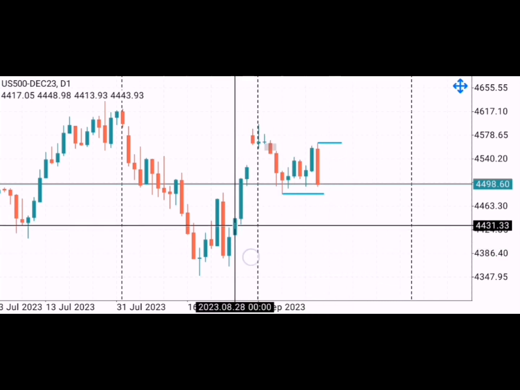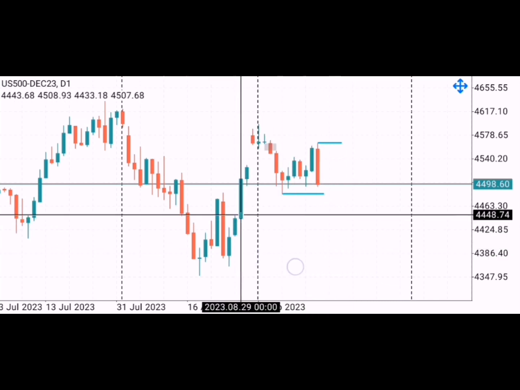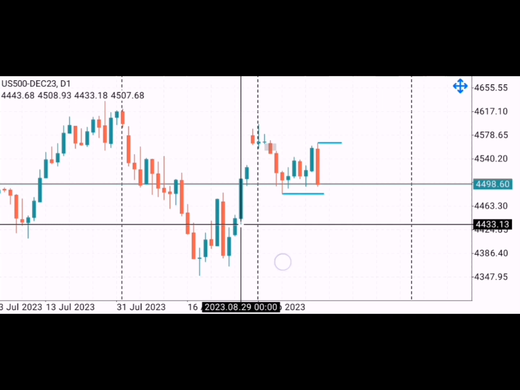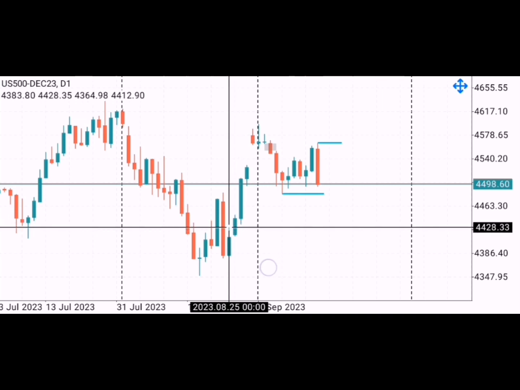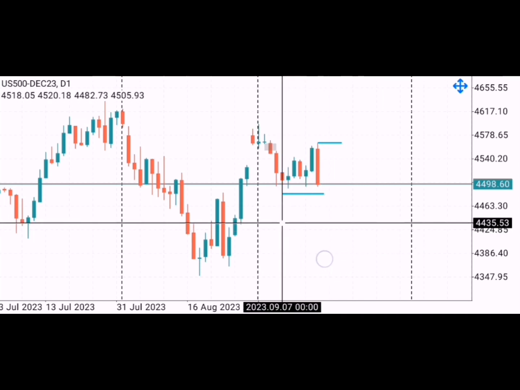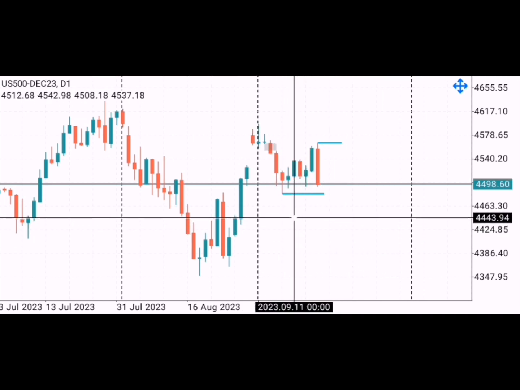Of course, we will see once it reaches these fair value gaps, this one over here, trading further deeper into it, or simply just trading into this one that we see between this candle's high and this candle's low, how price reacts once it reaches those levels.